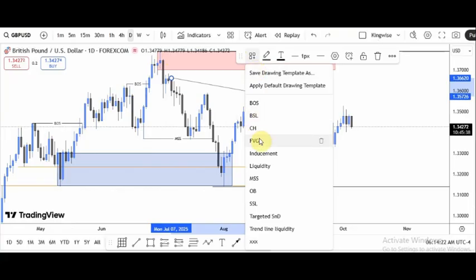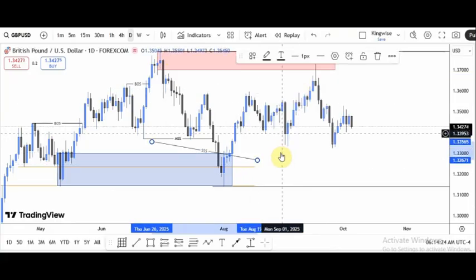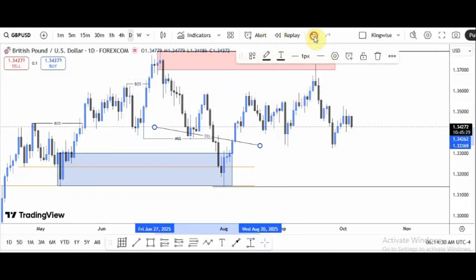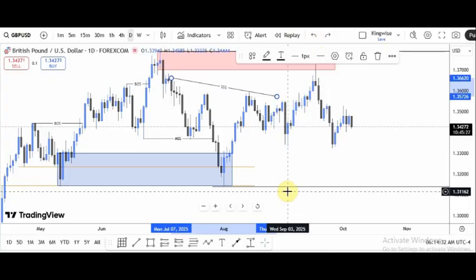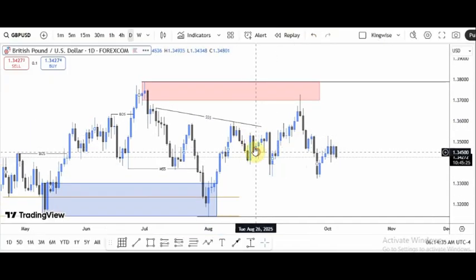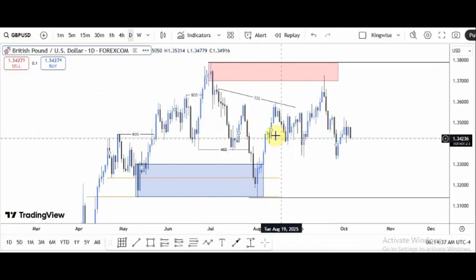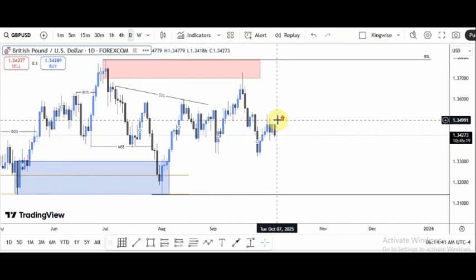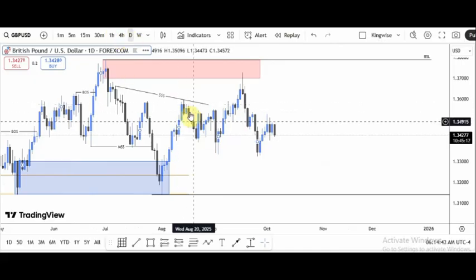It took out all of this liquidity to tap into the supply zone.